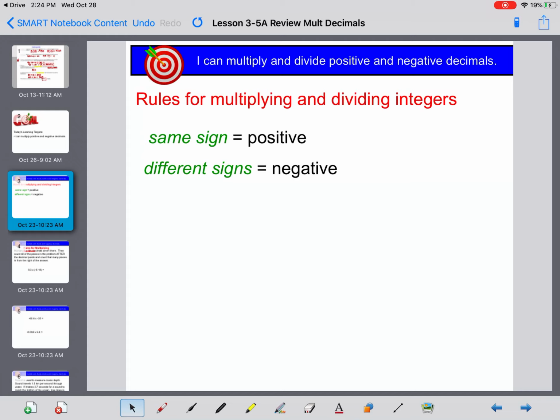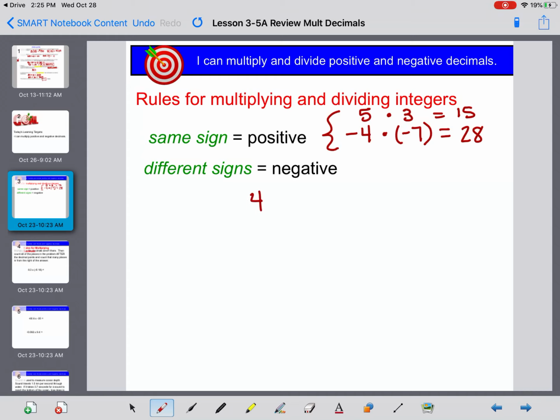When you're multiplying, if you have two numbers with the same sign, the answer will be positive. For example, -4 times -7 is a positive 28. 5 times 3 is also a positive answer. And so if the signs are the same, you will have a positive answer. On the other hand, if the signs are different, you will have a negative answer.